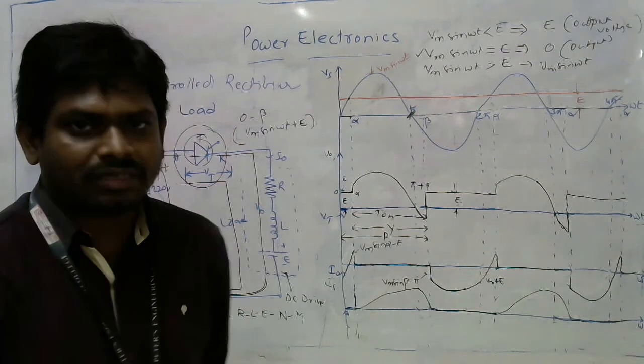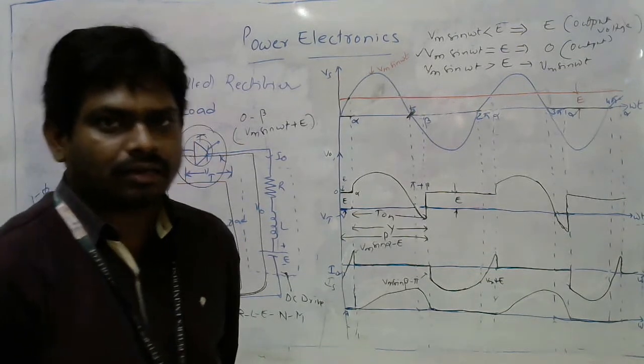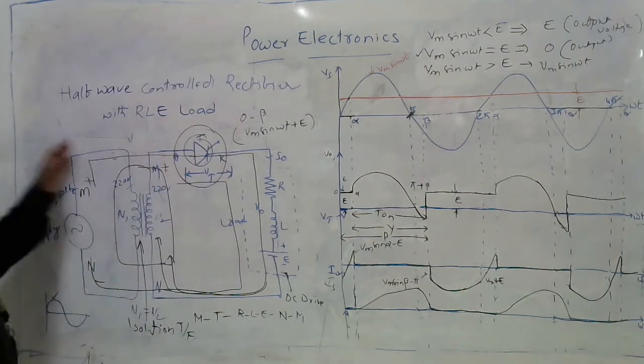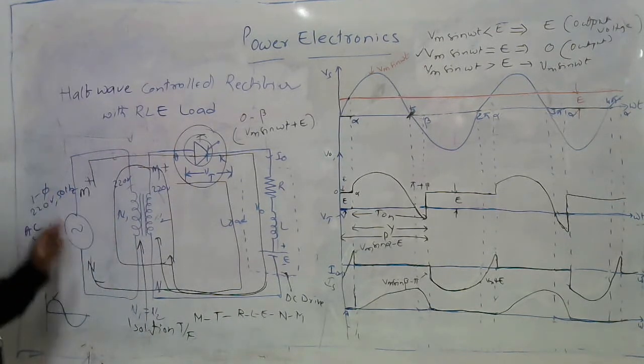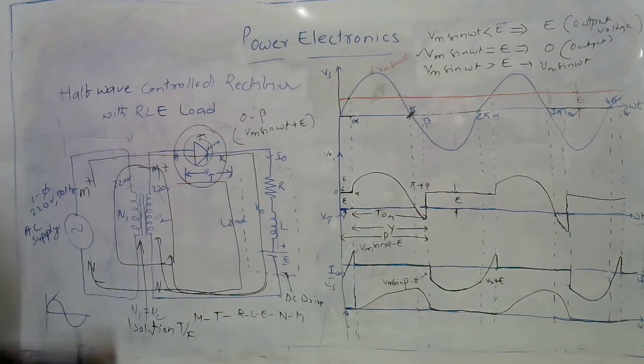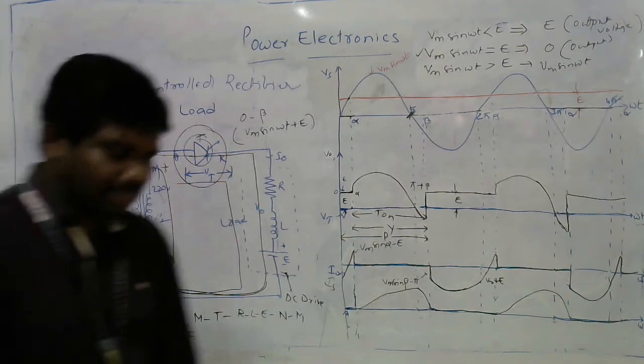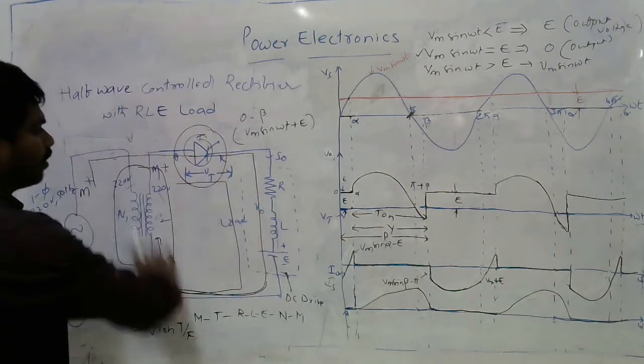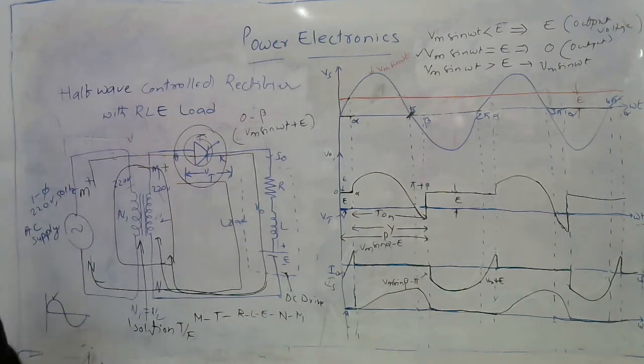If harmonics are more because of this power electronic circuit, then what happens to the supply? The supply is connected in parallel to many applications apart from this circuit.